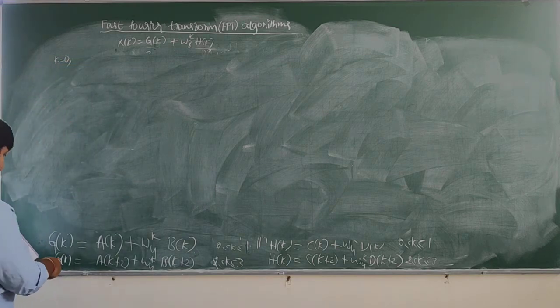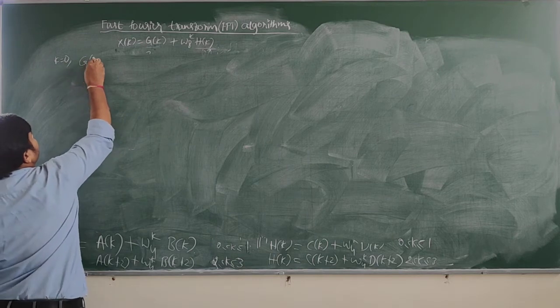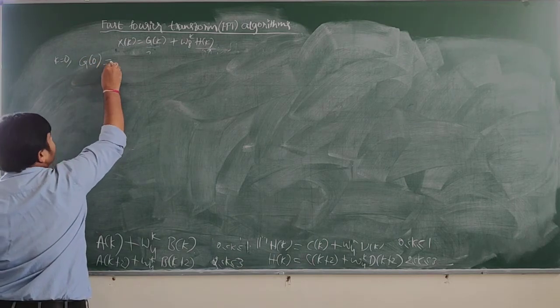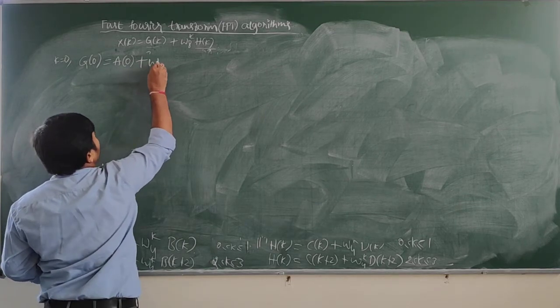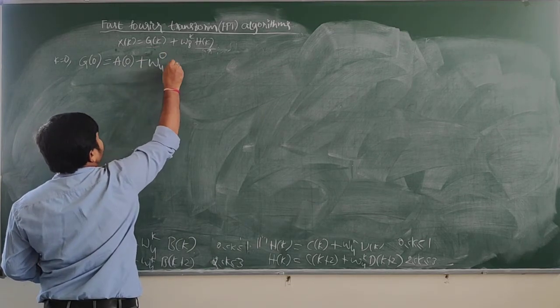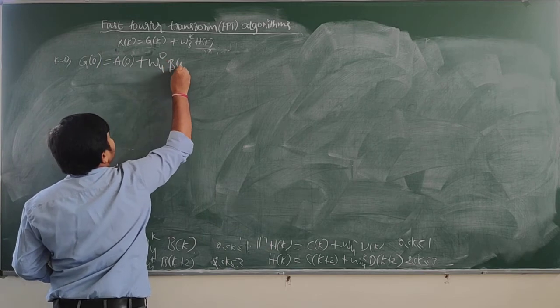What happens? G of 0 is equal to a of 0 plus w of 4 power 0 into b of 0.